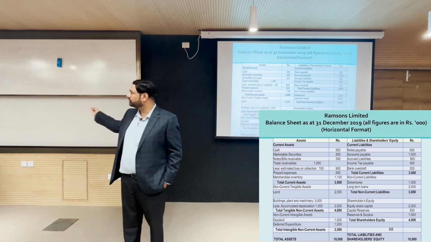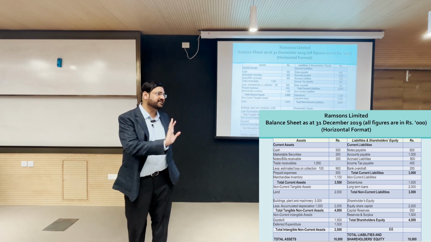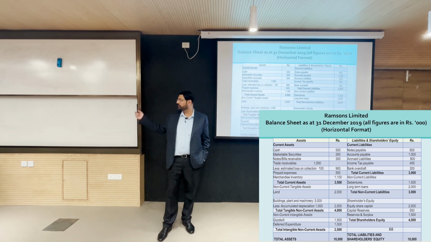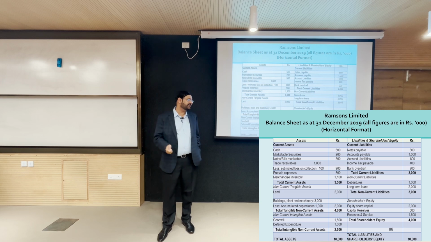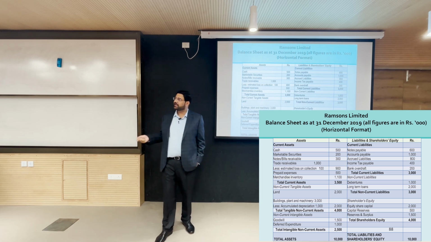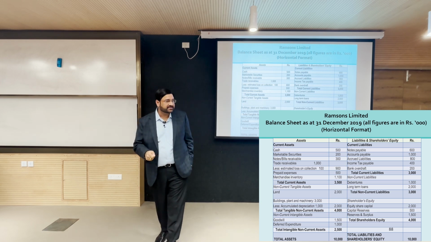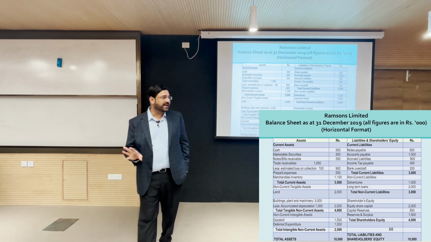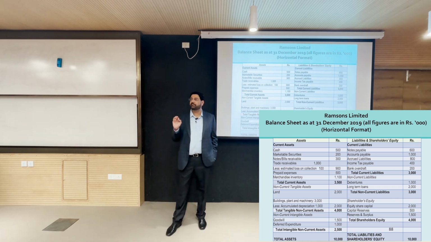Trader means जो खरीदा वही बेच दिया, no processing done. But if you are a manufacturer, then you will buy plain clothes from Raymond's and Aditya Birla Group, and then you will stitch them into pants and shirts, and then you will sell them, right. So, you will have three types of inventory with you if you are a manufacturer.